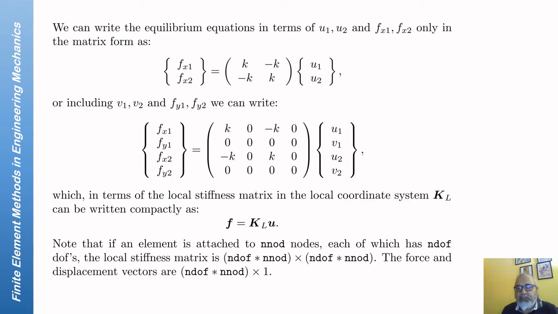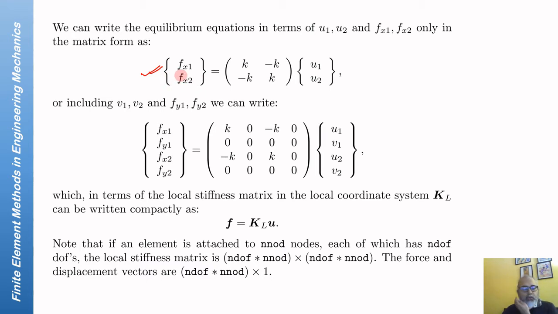However, if you just want to write it in terms of x1 and x2 and u1 and u2, then you can write the equilibrium equations in this form just in terms of Fx1 and Fx2.